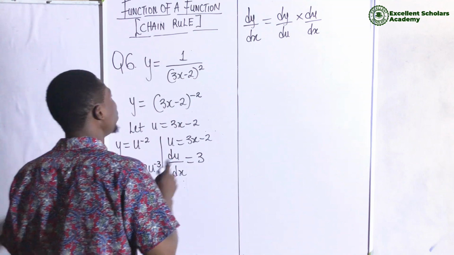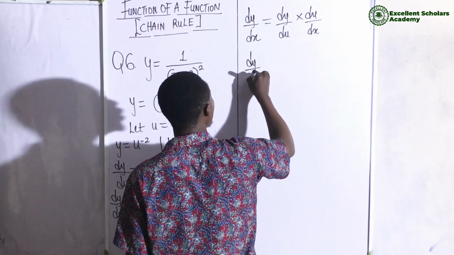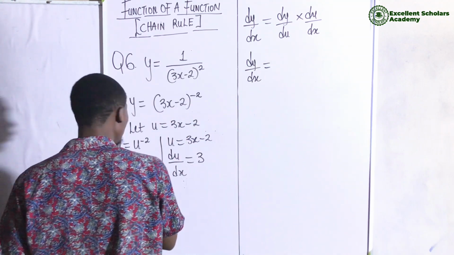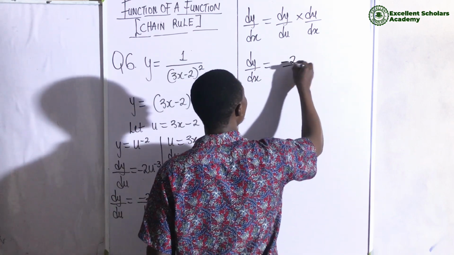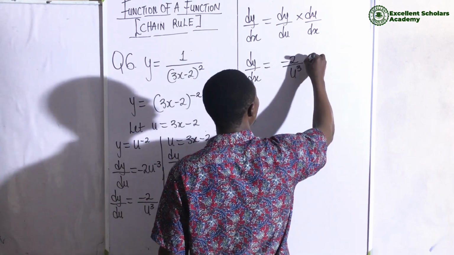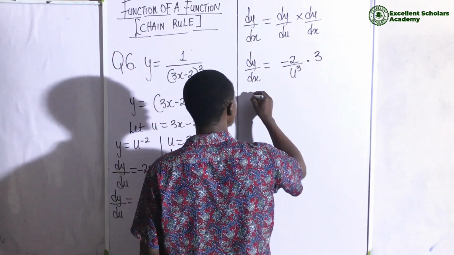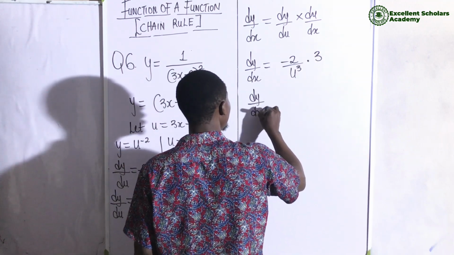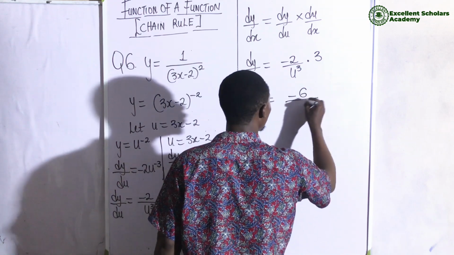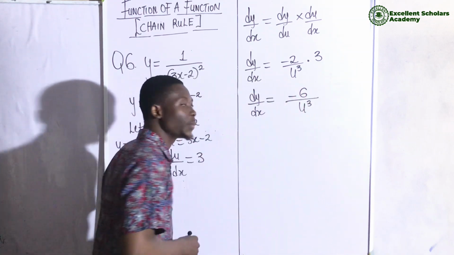So what do we have there? We have that our dy/dx is going to be equal to our dy/du, minus 2 over u to the power of 3, multiplied by du/dx, which is 3. So this times this gives us dy/dx equal to minus 6 over u to the power of 3.